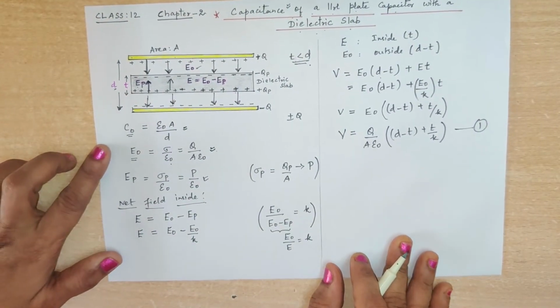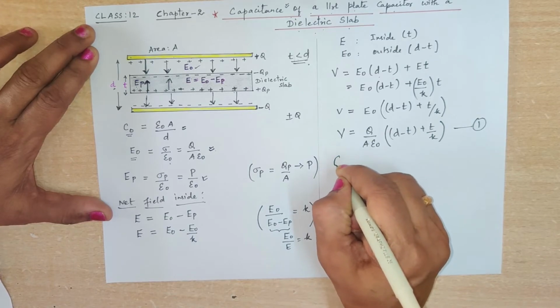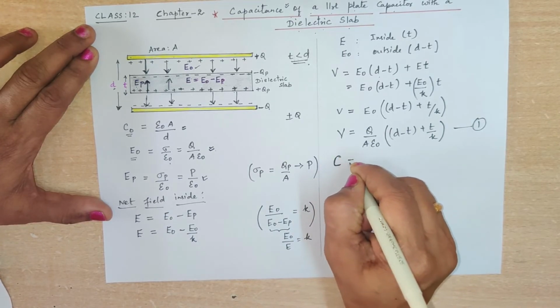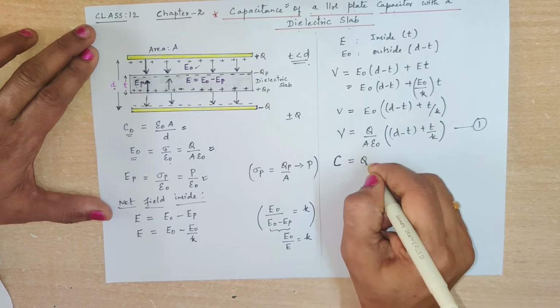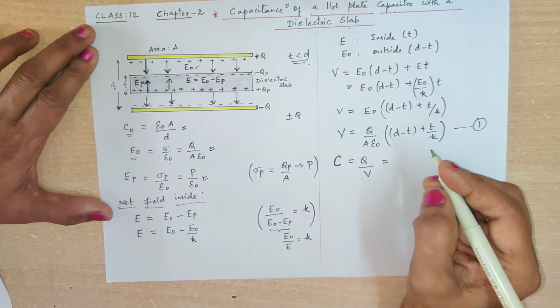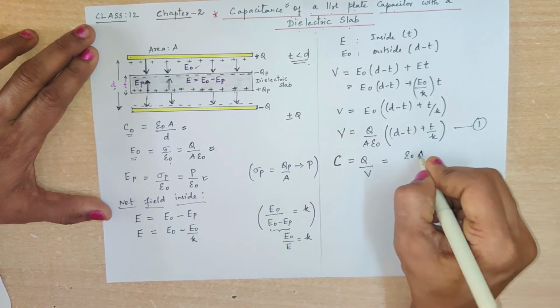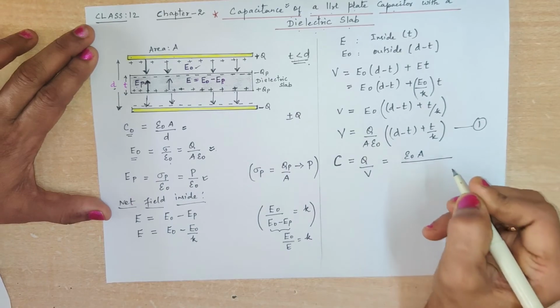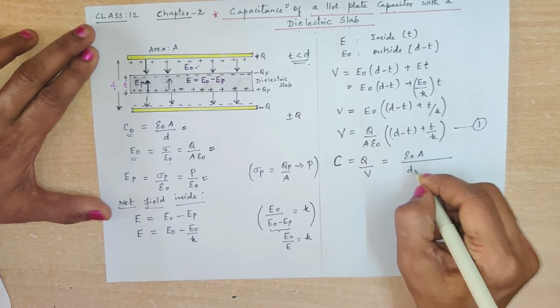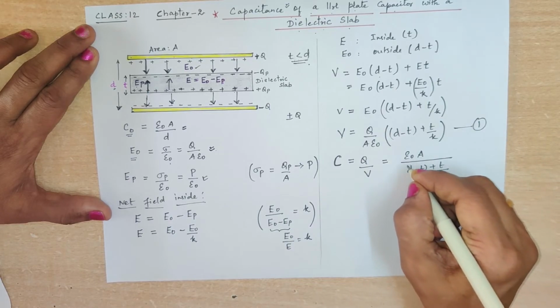Now this potential difference can be substituted for the capacitance. Capacitance C is equal to Q by the potential difference. When we substitute this value, after cancelling the common term Q, we get epsilon naught A in the numerator, and D minus T plus T by K goes to the denominator.